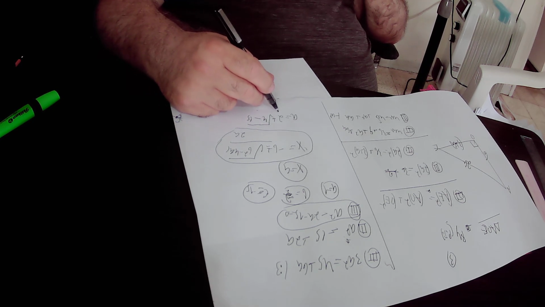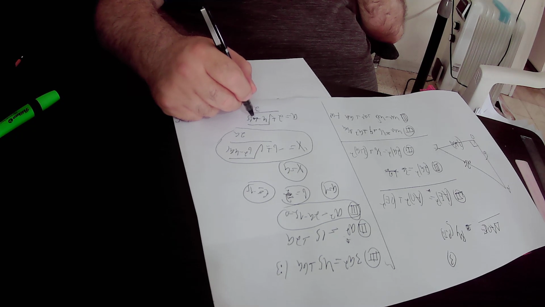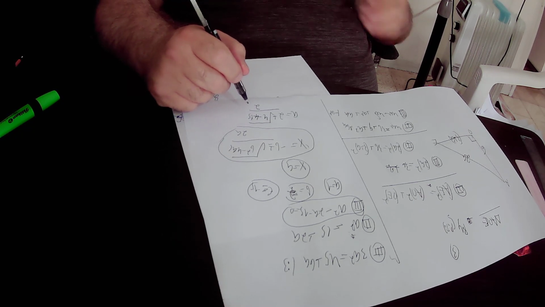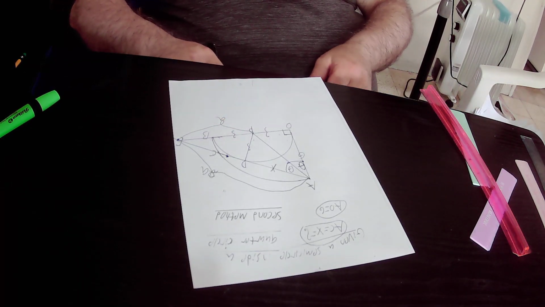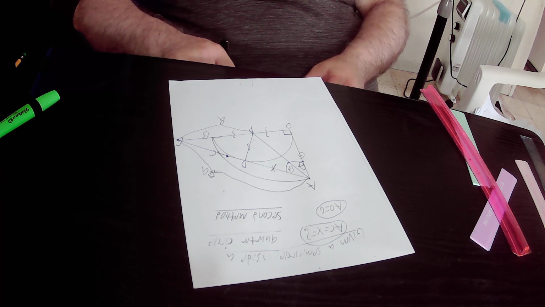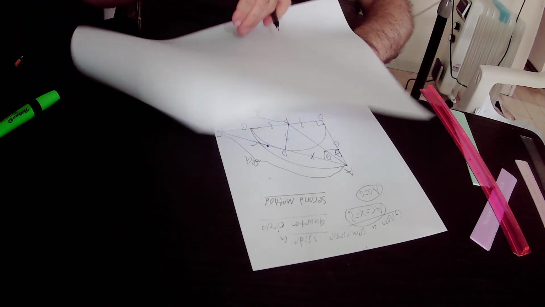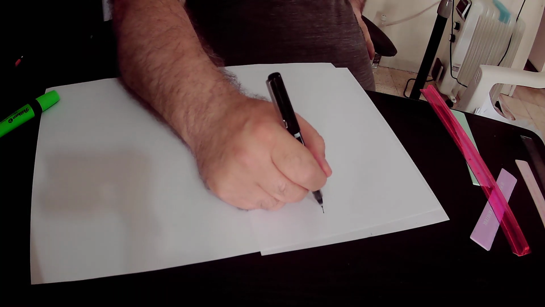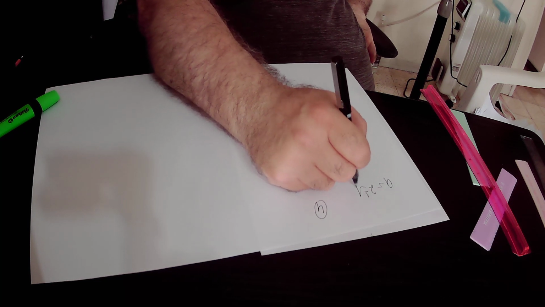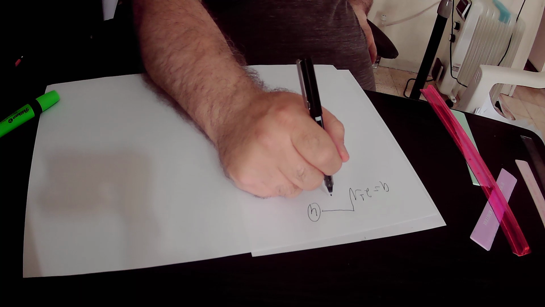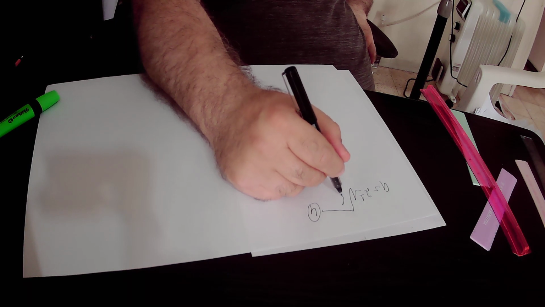Over 2a, a is 1, so 2 times 1 is 2. So actually, I found out that a equals 2 plus minus the square root of, here inside the root we have minus 4 times minus 15 is 60, and 60 plus 4 is 64.